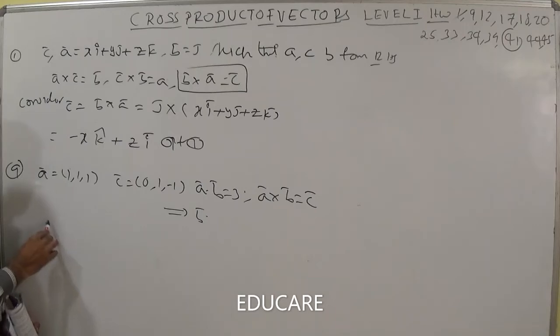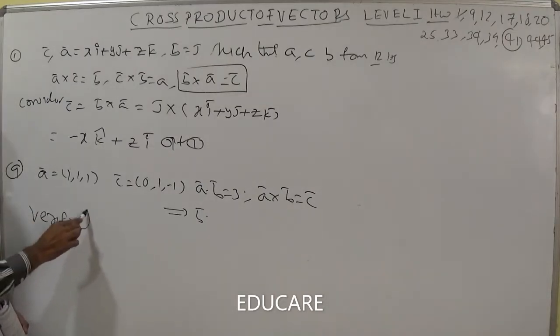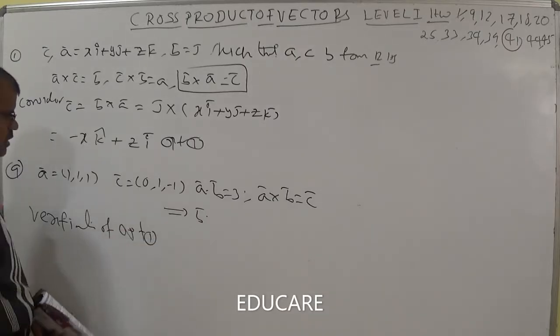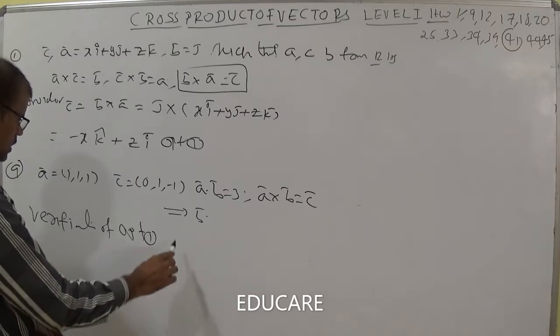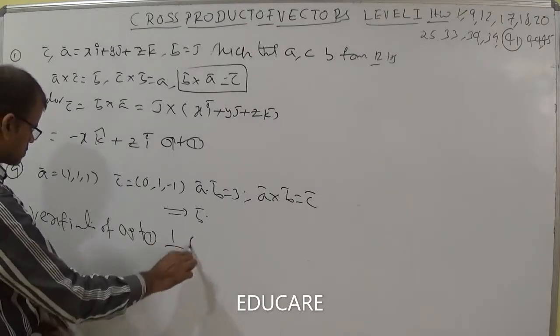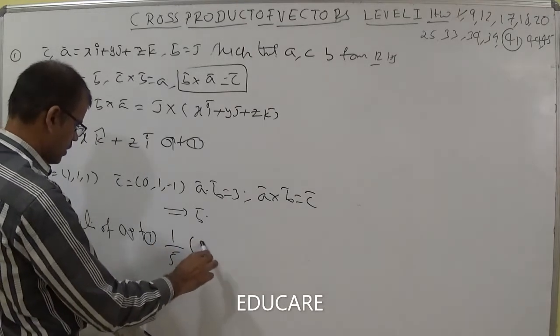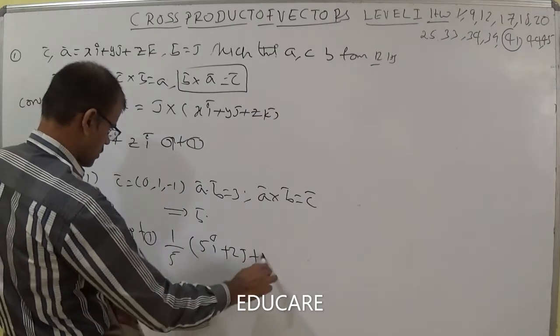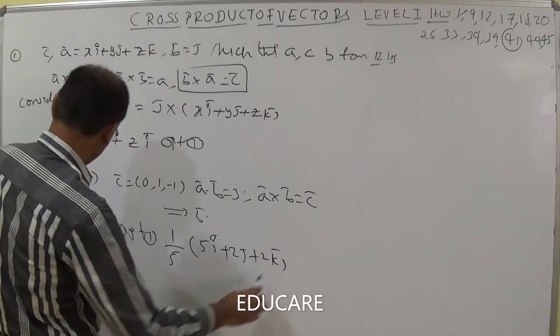Verification of the options is the better approach. Verifying option 1, we can put A bar dot B bar equal to 3. Other than option 1, nothing is possible here: 1 by 3 into 5i plus 2j plus 2k.